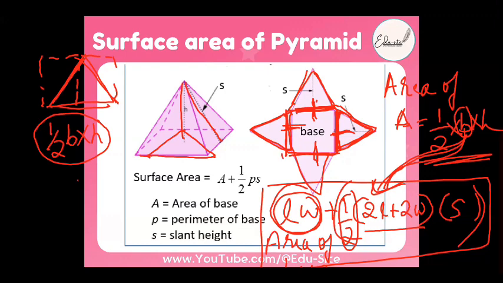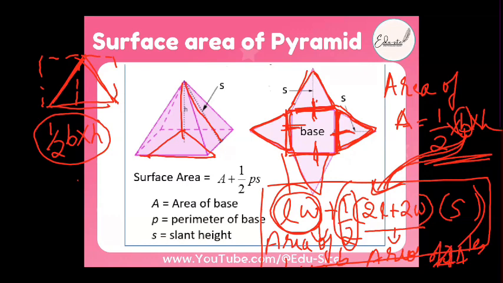First we'll write area of the base. That is LW, which is the area of the base, and this is the area of 3 triangles. However, it's not 3 triangles, it's 4 triangles, right? Yes, it's 4 triangles.